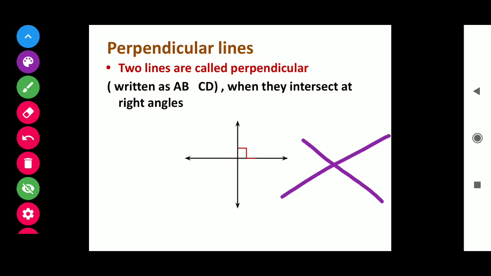So the most important thing to keep in mind: all perpendicular lines are intersecting lines, but all intersecting lines are not perpendicular lines.